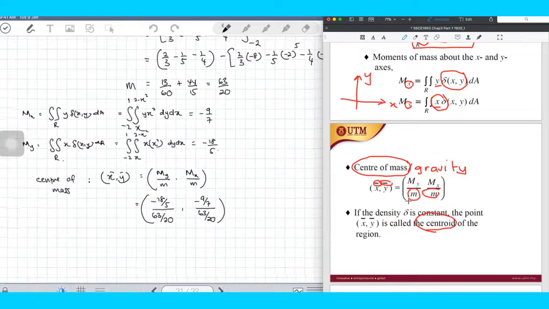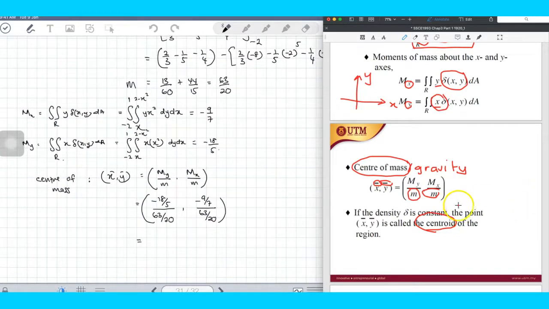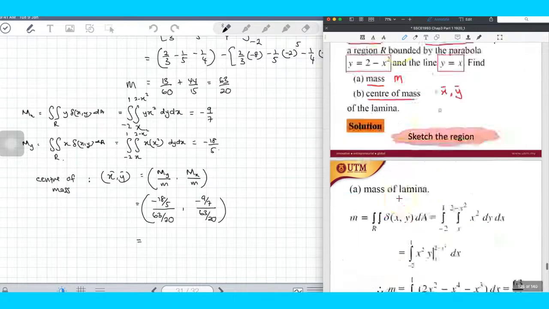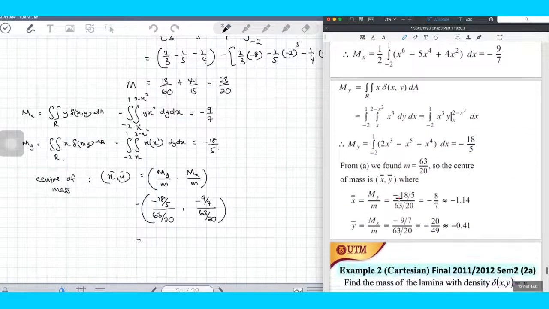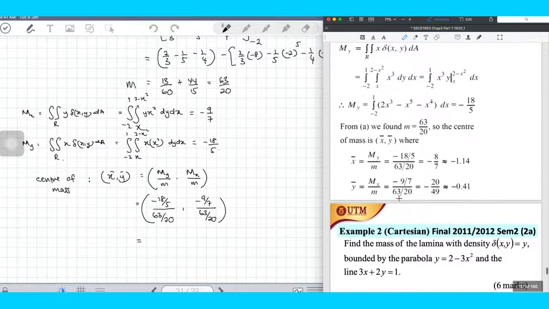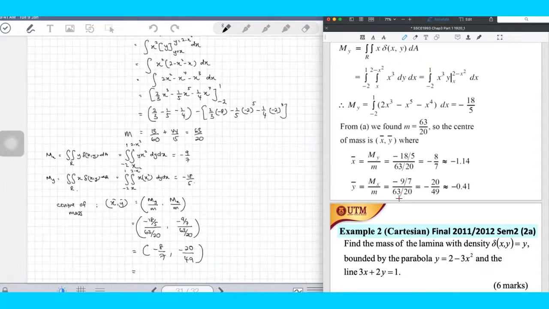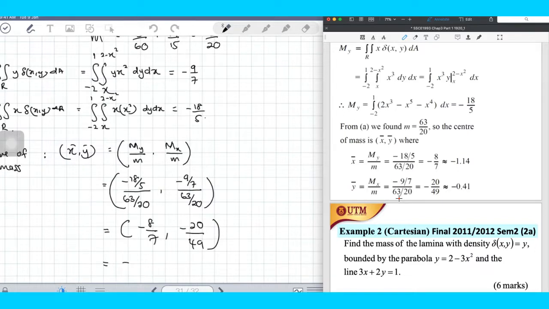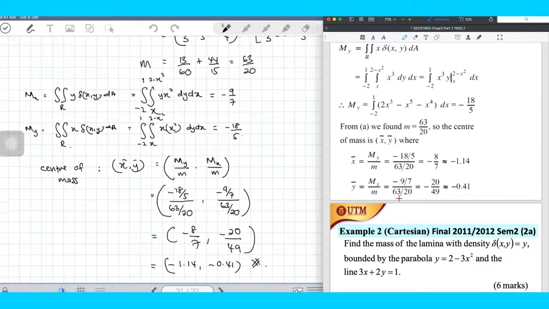When you evaluate and simplify, you will get x bar equals negative 8 over 7 and y bar equals negative 20 over 49, which is negative 1.14 and negative 0.41. So that is your center of mass.